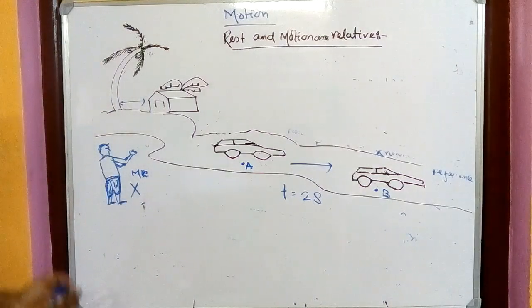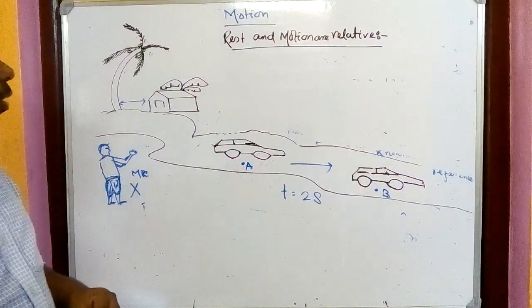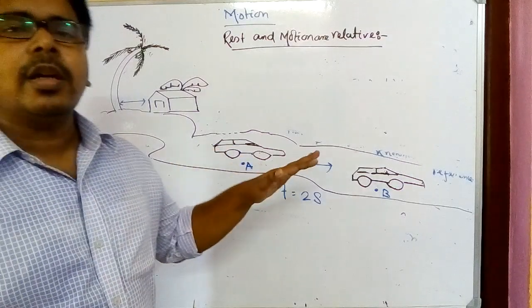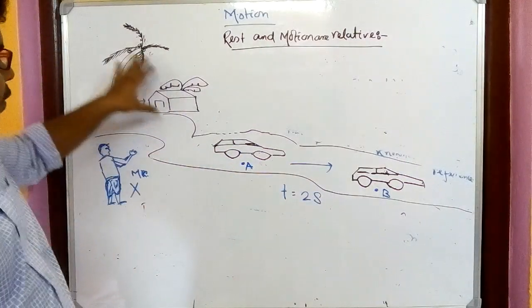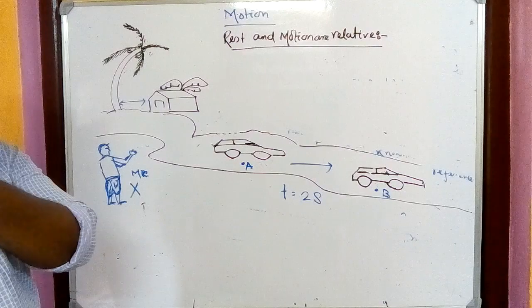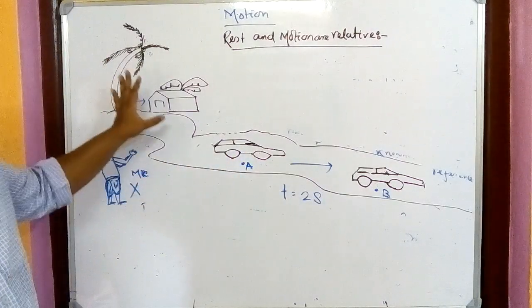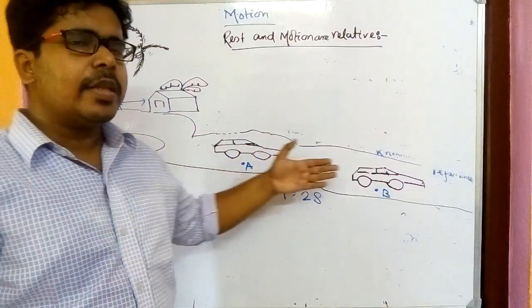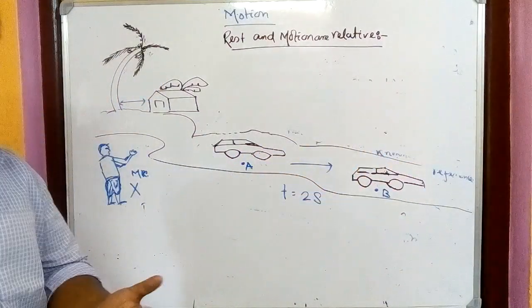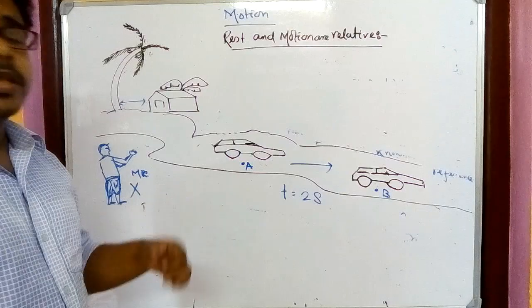Let's see. Whenever I am talking about the motion of the car, I am taking these three as a frame of reference, and you see when the car is moving with respect to these fixed objects, the car is changing its position, and that's why we say the car is in motion.